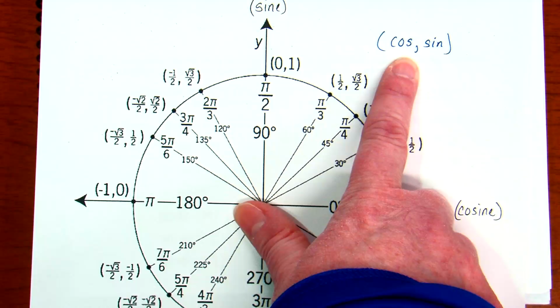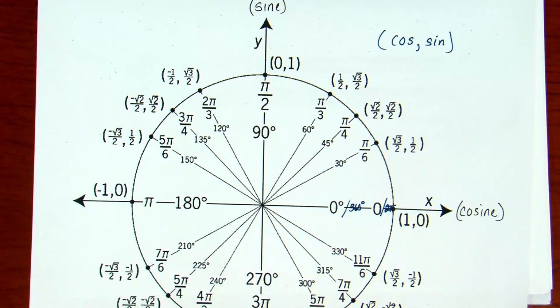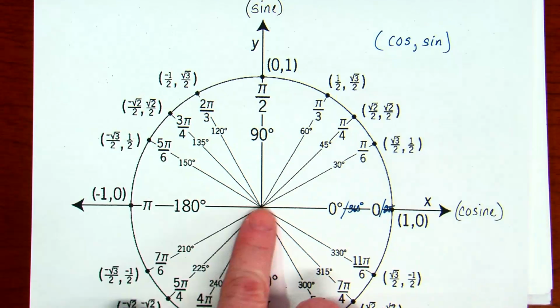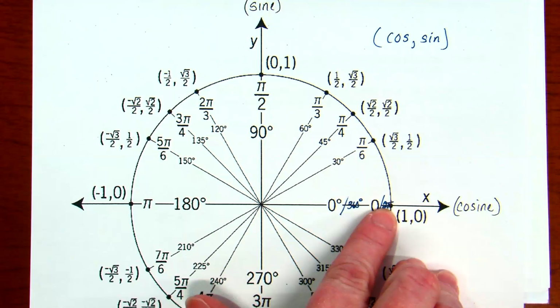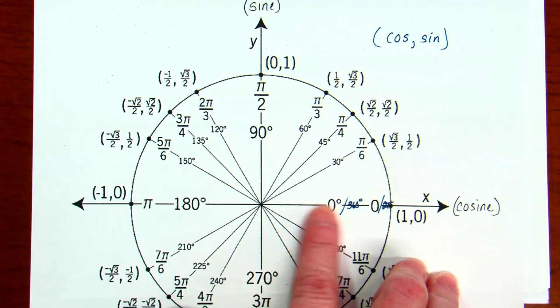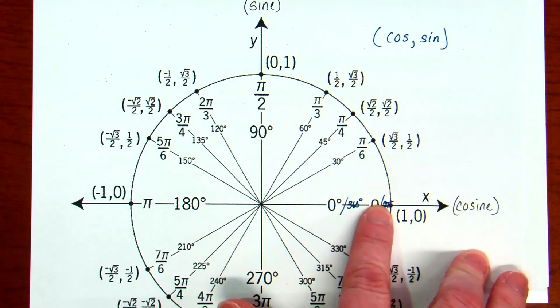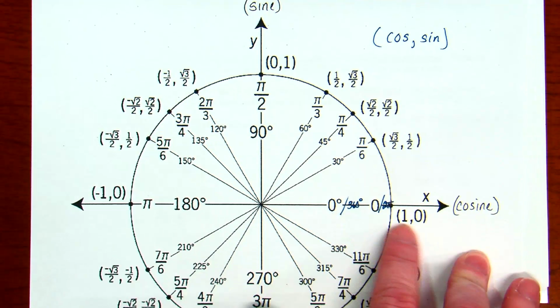Okay? So, for instance, if we're looking at 0 degrees, well, on a unit circle, 0 degrees is moving over here at the right, yes? So if you think about an ordered pair, to get over here, that is moving 1 right and 0 up or down, yes? So the ordered pair representing 0 degrees is 1, comma 0. Well, what did we just say?